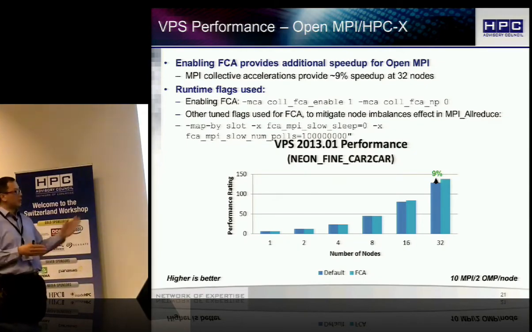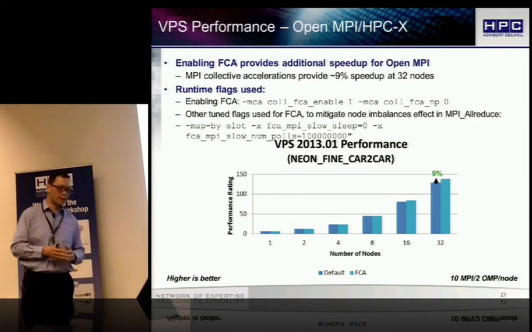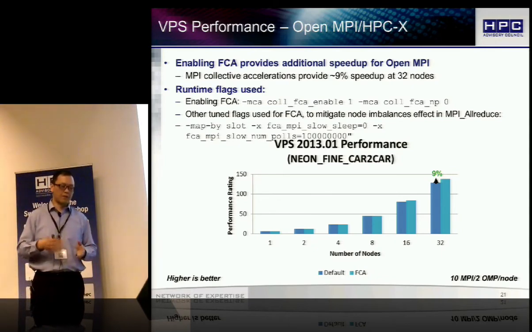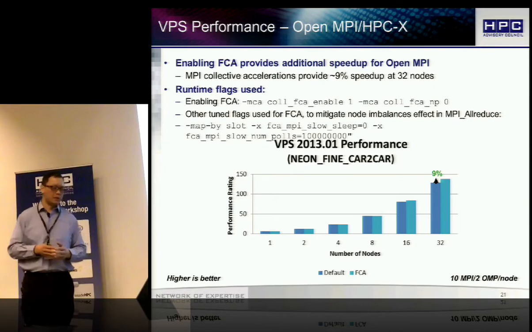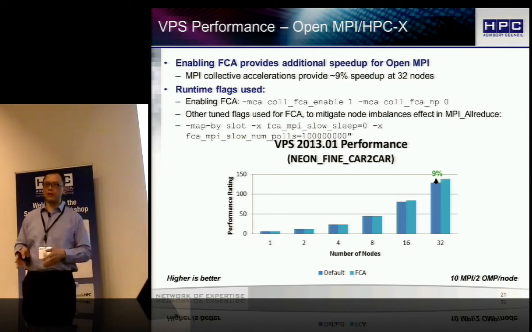As I told you earlier, there's a feature in OpenMPI to support something called FCA. FCA stands for Fabric Collective Acceleration. It is supposed to offload and speed up the MPI collective operations.